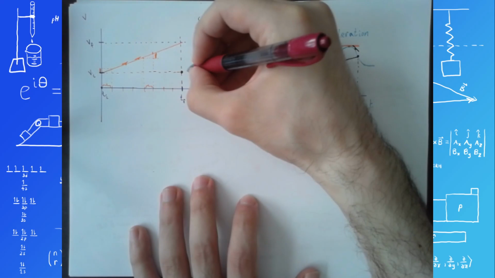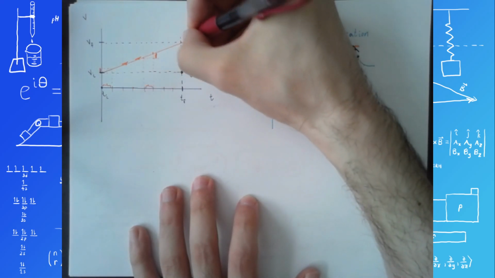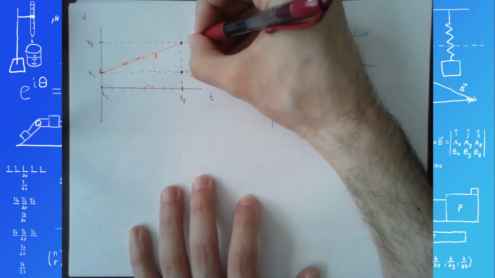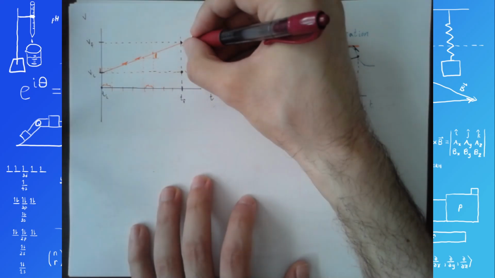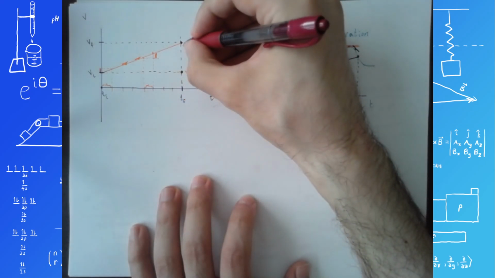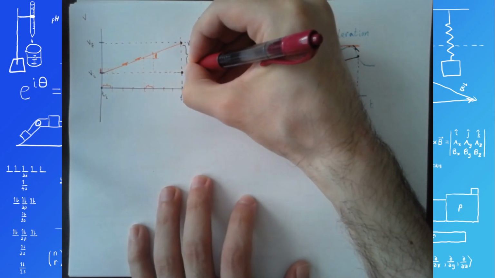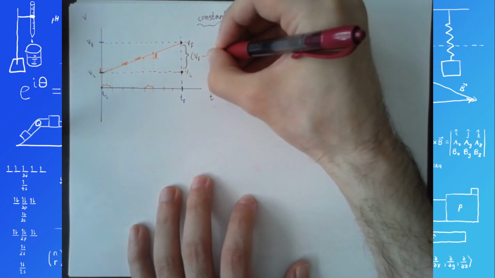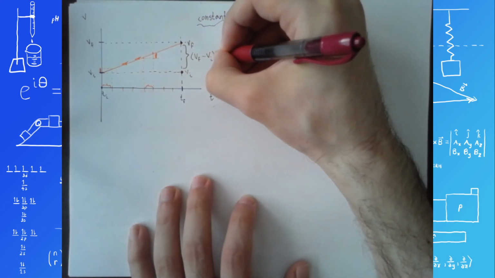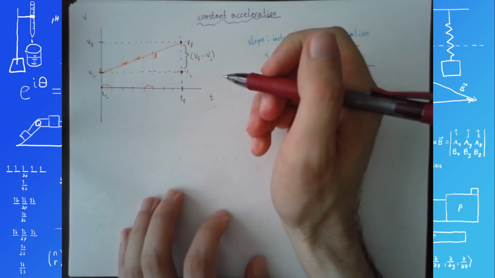So over here we've got v initial again, and over here we are at v final. And I want to refer to this gap over here. I want to call this v final minus v initial. That will be relevant for later.